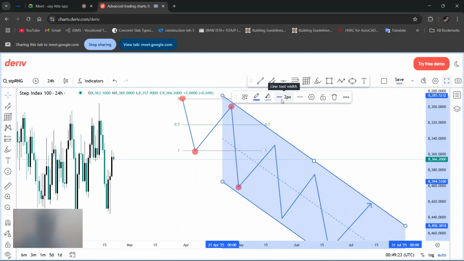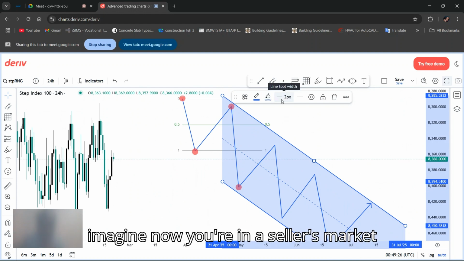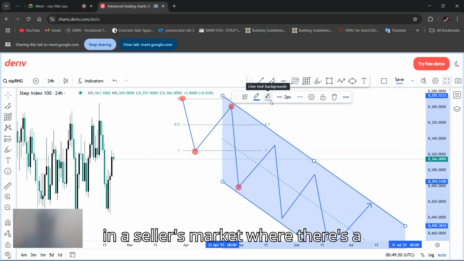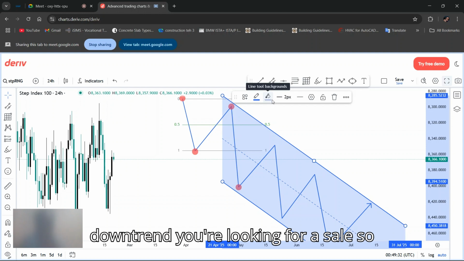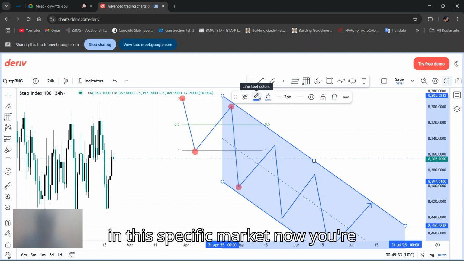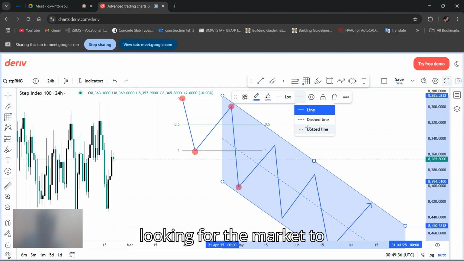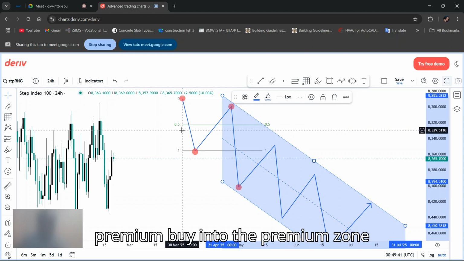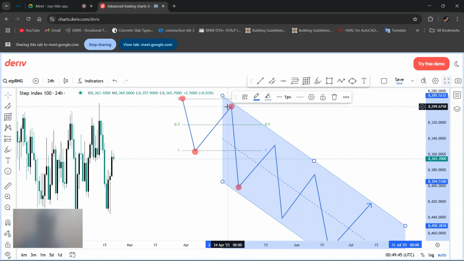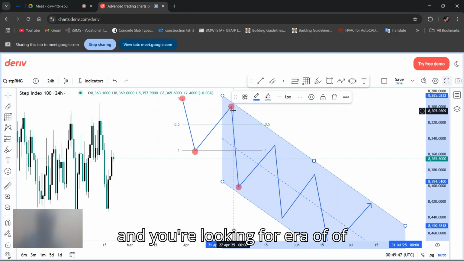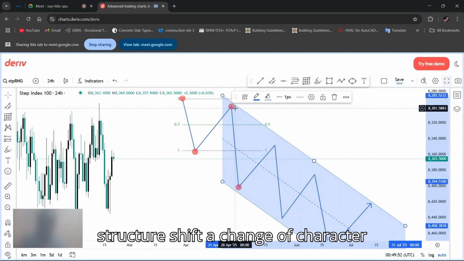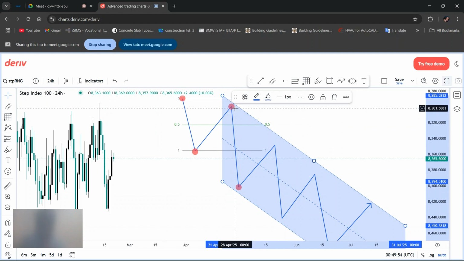So now, imagine you're in a seller's market. You know it's a seller's market, so you're looking for sales. You only look for sales in a seller's market. Where there's a downtrend, you're looking for a sell. So in this specific market now, you're looking for the market to go above the 50% into the premium zone, and you're looking for an area of rejection. You're looking for a market structure shift, a change of character, as we would call it.